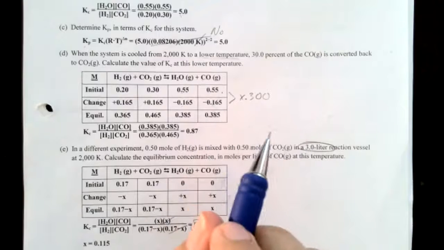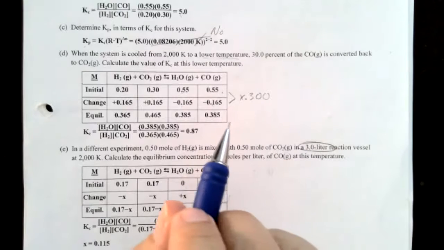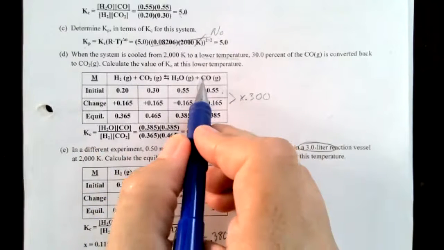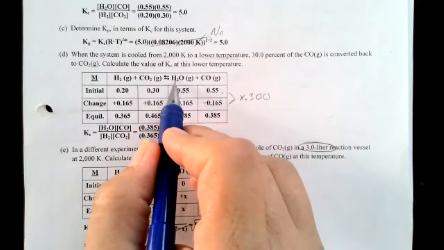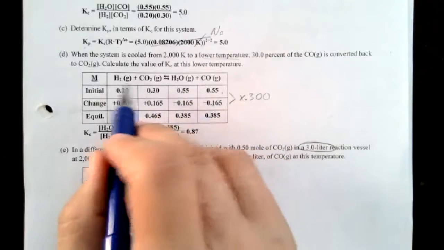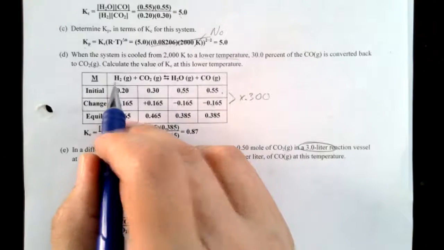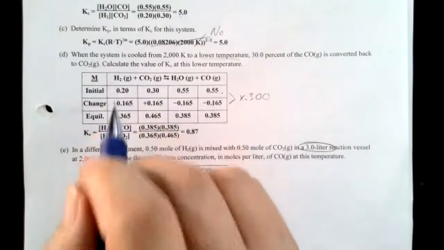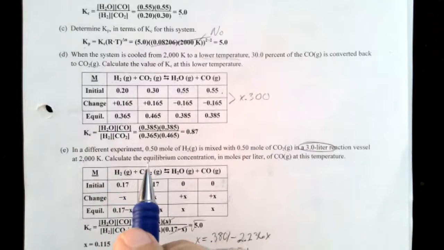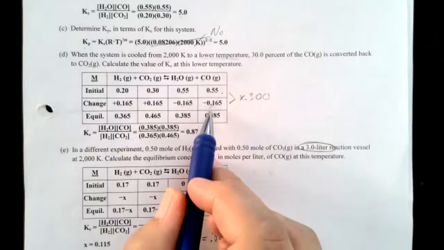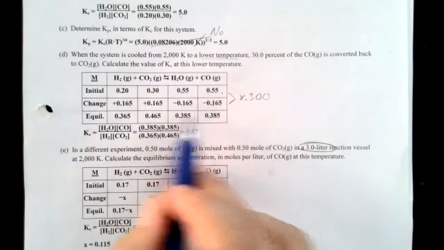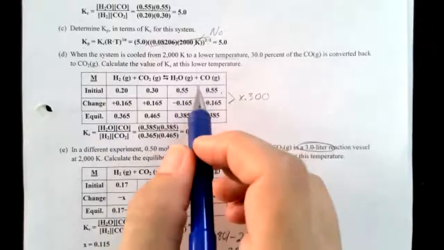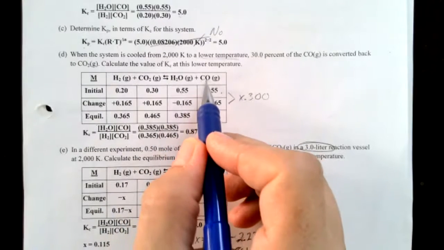And then a concept that comes up about 1,000 times is the ratio between the chemicals. If you lose one of these, you've got to use one of those, and you create one of these and one of those. So if you lose 5, you use 5, you create 5, and you create 5. Or if you end up with 0.165 all the way across, except we lose these, because we know it's running left, because we just said this amount went down.